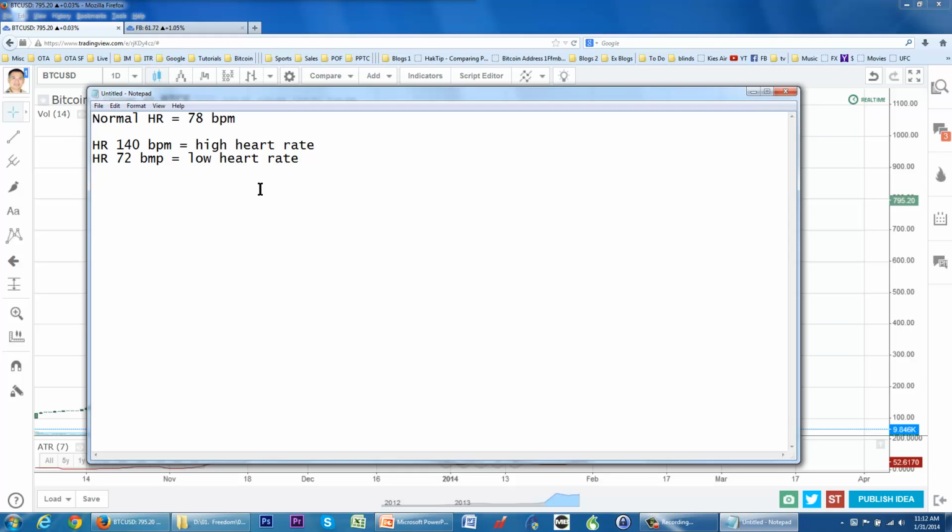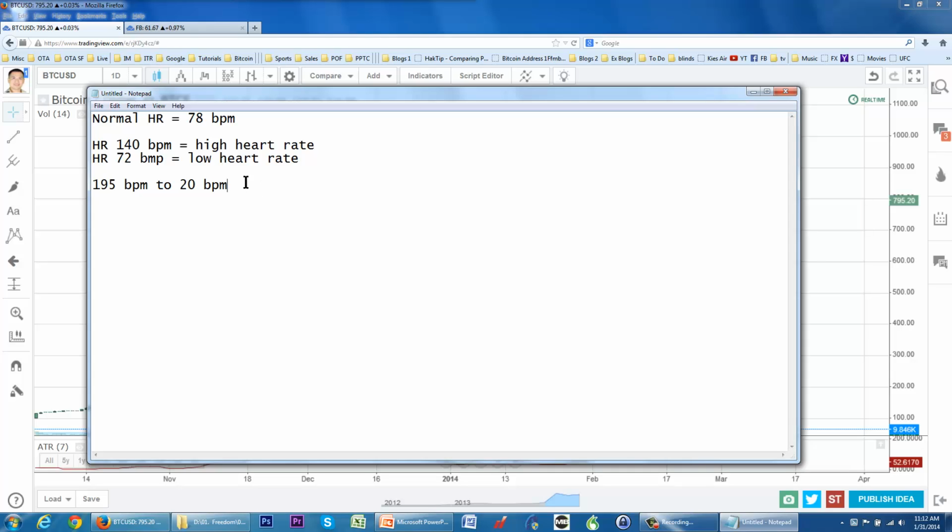And when I got to the ER at the hospital, I noticed that when I looked up at the heart rate monitor, it indicated that my heart rate was at 195 beats per minute, all the way to as low as 20. I think that was the lowest number that I saw.